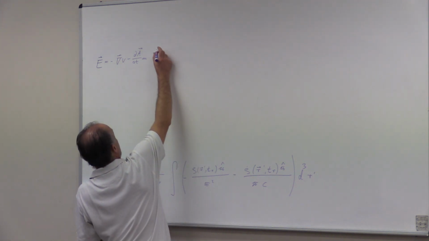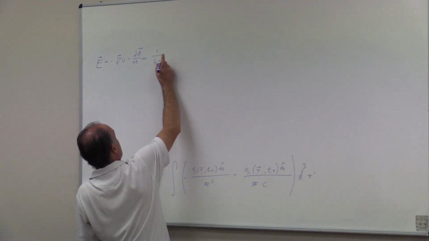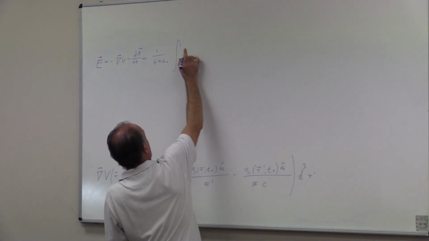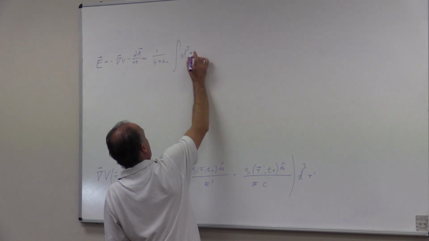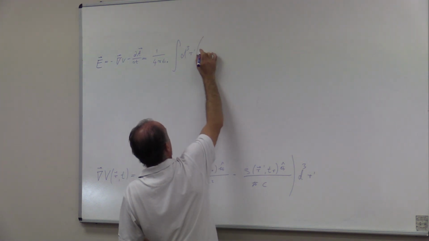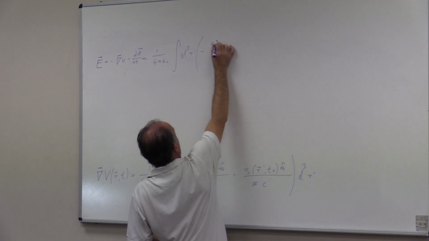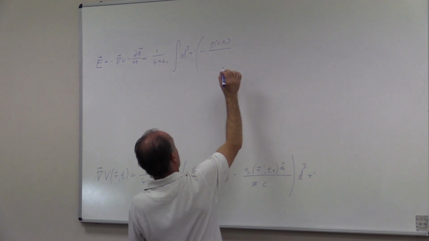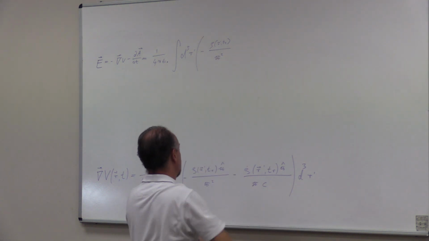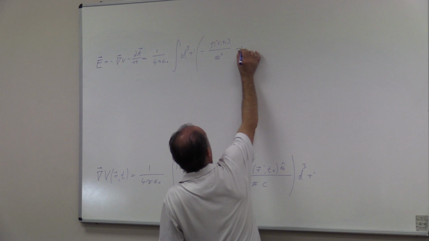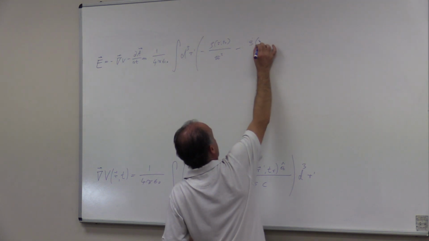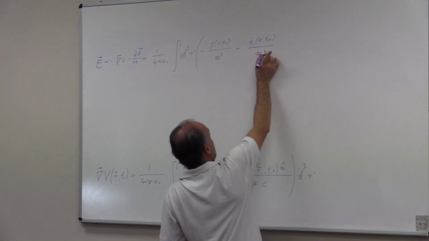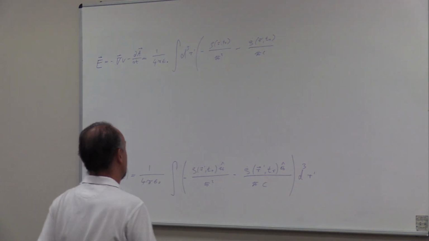So this is 1 over 4 pi epsilon naught integral, so we integrate over all r prime. We have minus rho of r prime, t_r, over r squared, minus rho dot of r prime, t_r, over c, right?